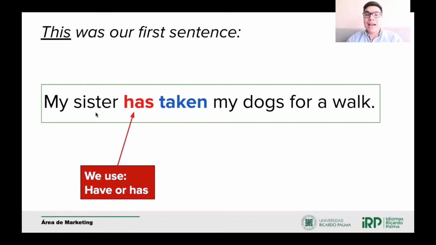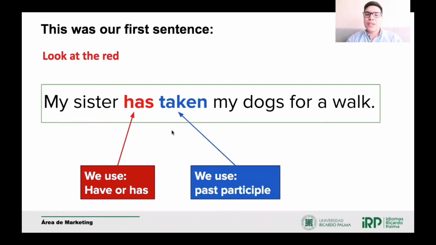So every time we have he, she, or it, we are going to use has. And we also have the word in blue, the word taken. Taken is past participle, right? Taken comes from the word to take, and took, and now taken.